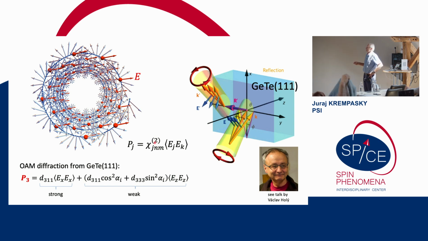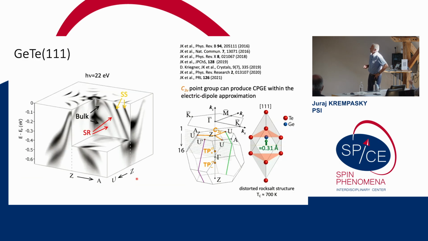Actually, this is a third rank tensor, and it has 27 components. And these are the tensors which really have physical meaning in polarizing in the direction which is 111. This is the out-of-plane direction of this material. GeTe 111 is very nice in that it's a room temperature ferroelectric, and that's why it was used. Anyway, Václav will explain more details.